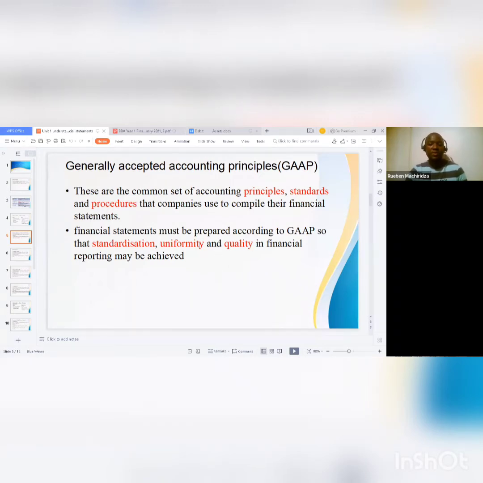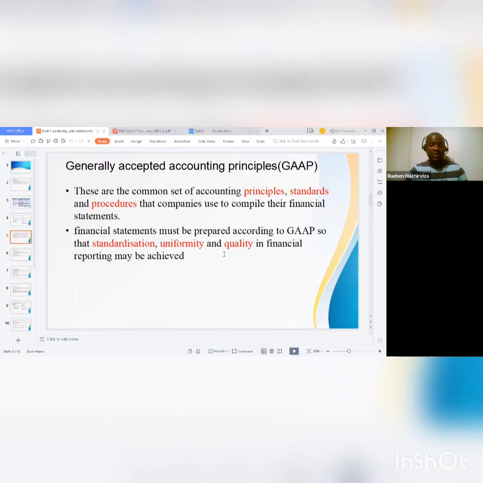And then also, the GAAP contributes to the quality of the financial information that we are providing, because the principles are not biased in any way to favor a certain individual. They are there to protect the business from individuals, and to improve the quality of the financial statements.